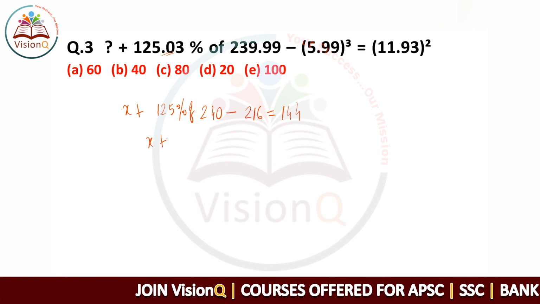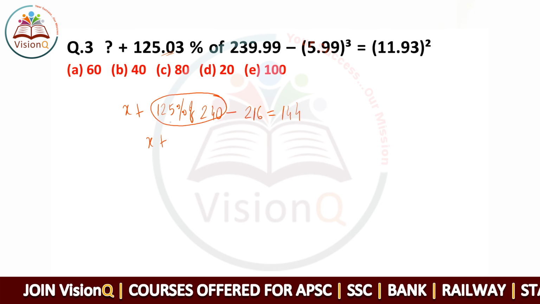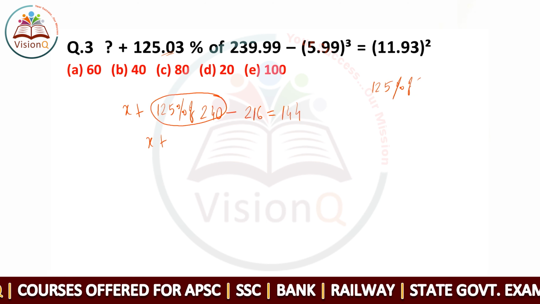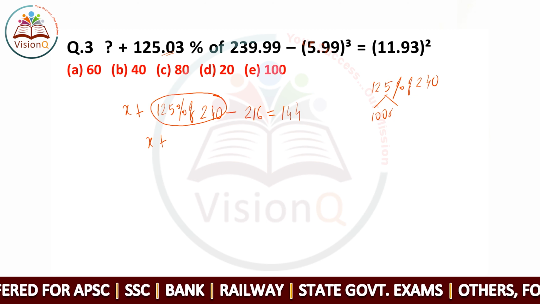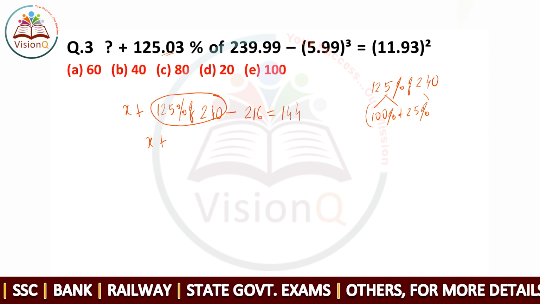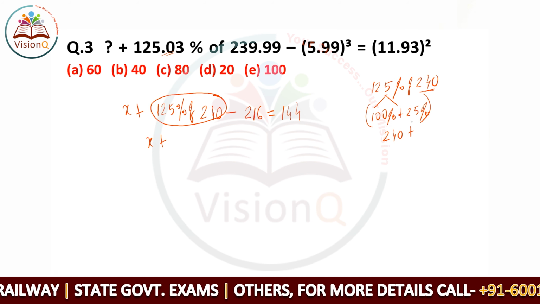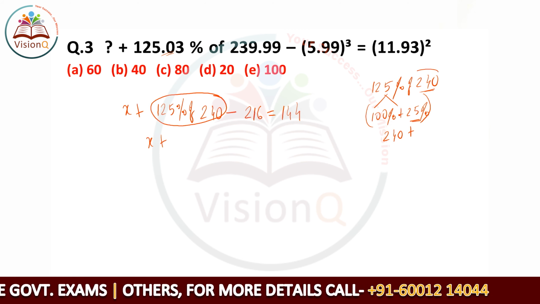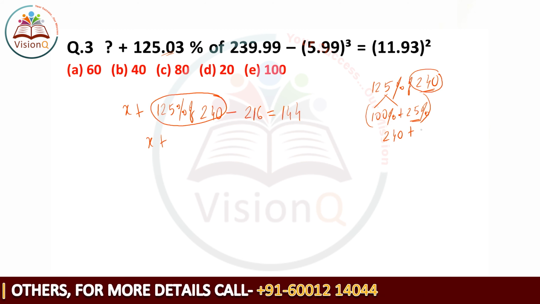Now x plus, so I have to find out this percentage value. And how to find out this value of percentage? To find 125% of any number, just break this as 100% plus 25%. Now 100% of a number is the number itself, which is 240. 25% is half of 50%. So 50% of 240 is 120, and again half of 120 is 60.